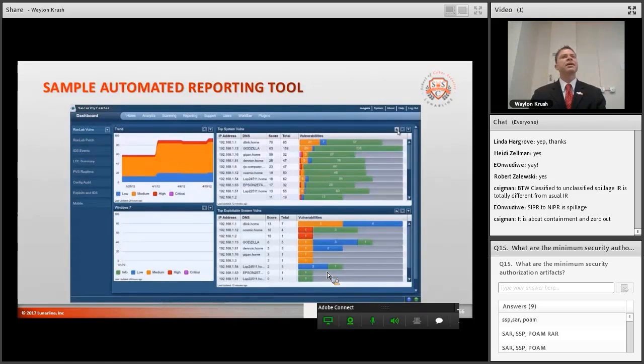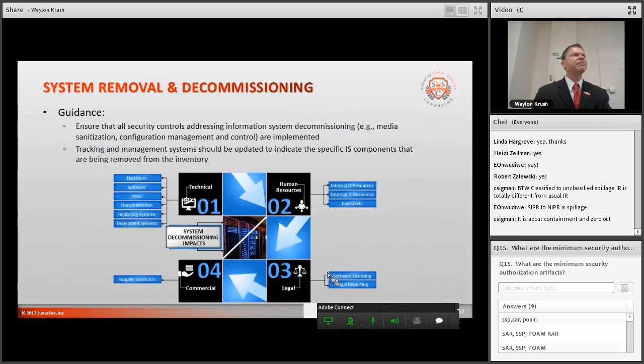Last but not least, something that everyone seems to forget, and then they get beat up on the GAO audits and the IG audits, is they've got all these systems and they never take them out of CyberScope and they never take them out of Archer, and they wonder why they get beat up that the documentation hasn't been updated in 6 to 8 years. If you learn nothing other than the system removal process here from me, it's that once you validate, NASA has a process for media protections and standardization.